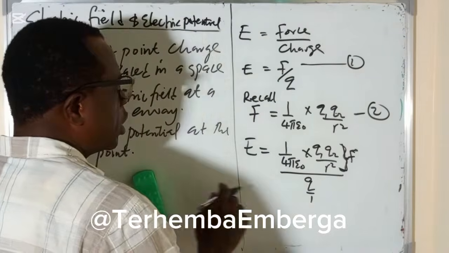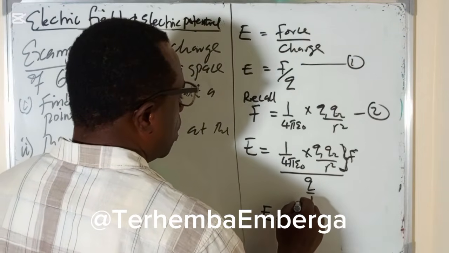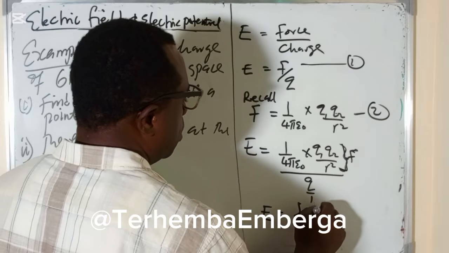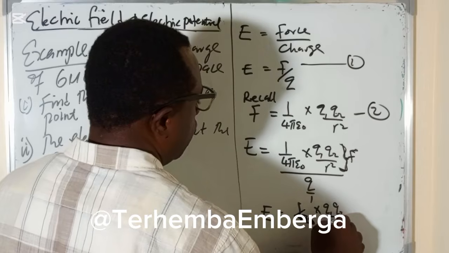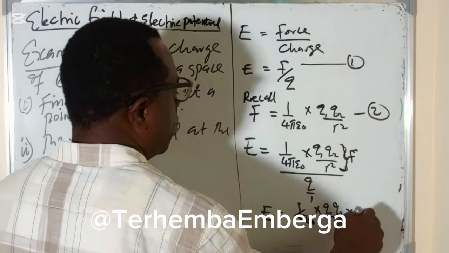But remember, we can express this as E equal to 1 all over 4 pi epsilon naught times Q1, Q2 all over R squared times 1 all over Q.